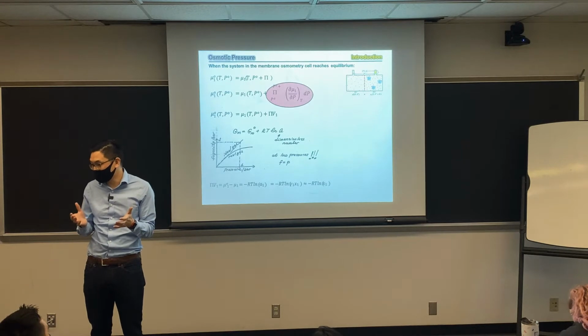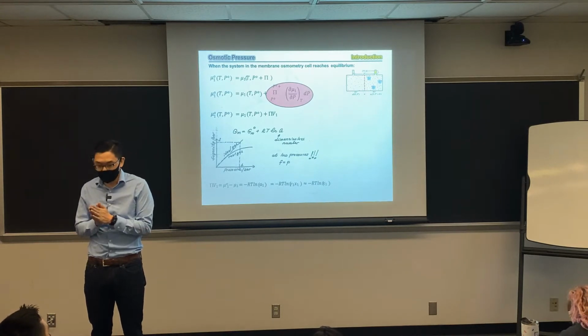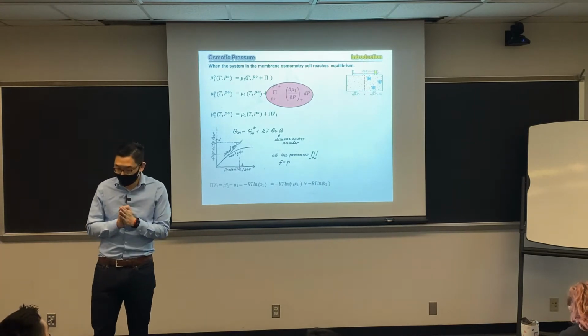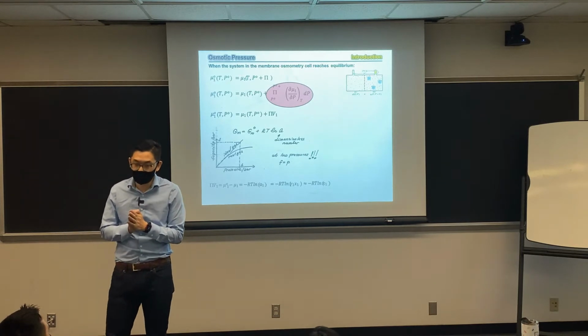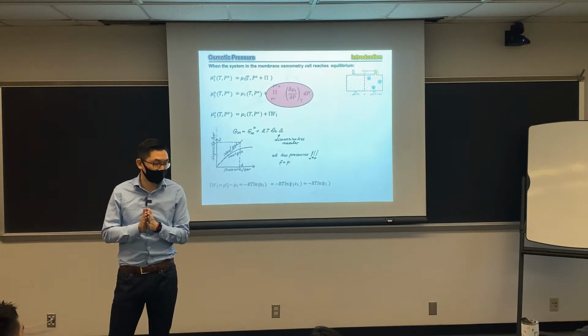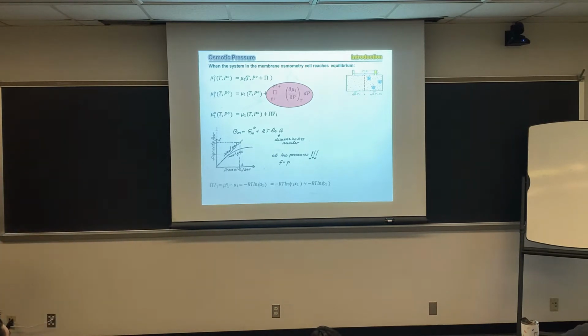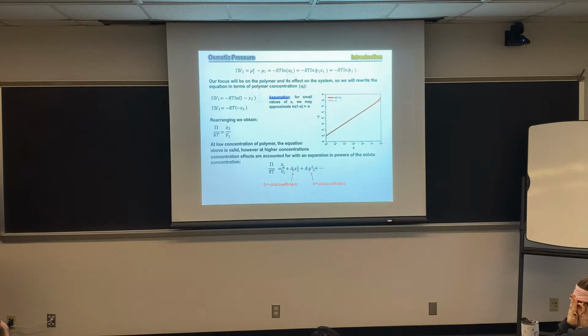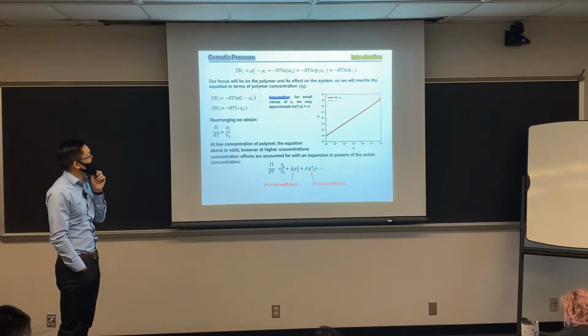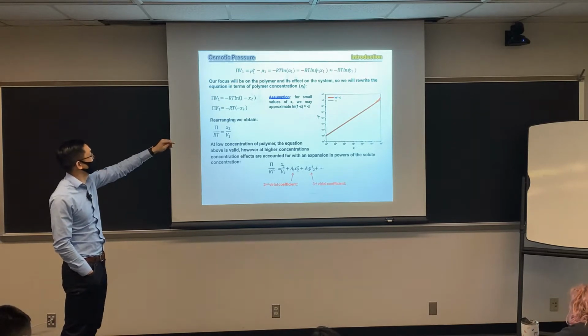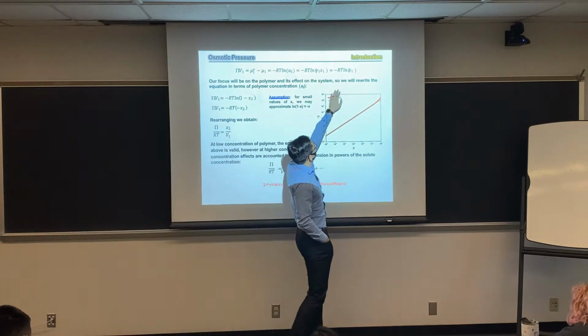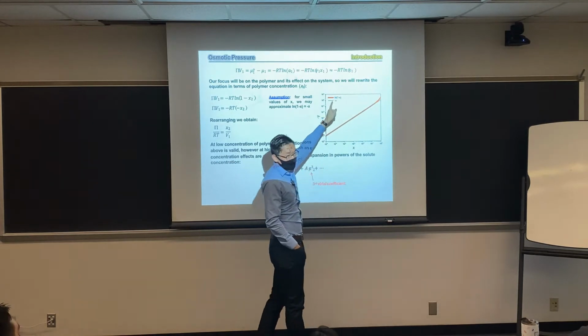So we can link how much osmotic pressure you had with how much polymer concentration you had. Okay? The higher the concentration, you will generate increased osmotic pressure. Now we can do one more step to further expand this particular relationship, because the log is not straightforward to handle.